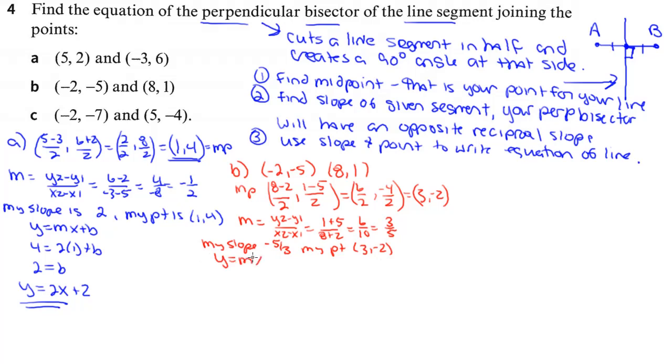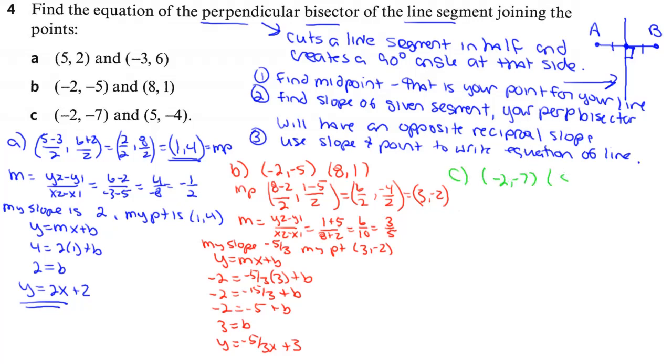And so now all I got to do is put these together with the y equals mx plus b, substituting them in, finding out what the y-intercept is, and then plugging them back into the equation. At the end of the day, I'm going to find out that my equation is y equals negative 5/3 x plus 3.